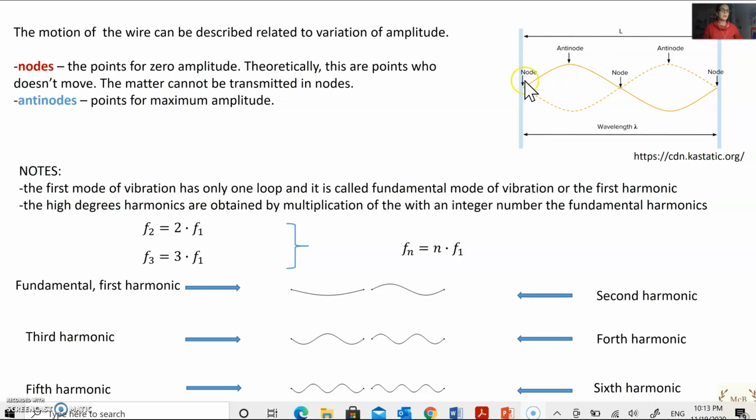For example, on the wire we can define points of maximum amplitude called antinodes and points with minimum amplitude called nodes. These nodes are very important because in a node, theoretically, we consider the motion is zero. The amplitude and the kinetic energy are related here, and because the amplitude is zero, there is no kinetic energy, so no motion.